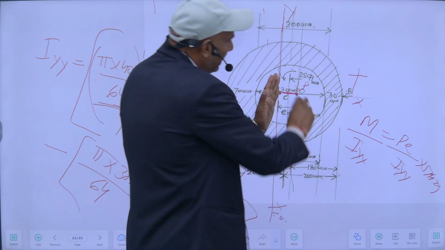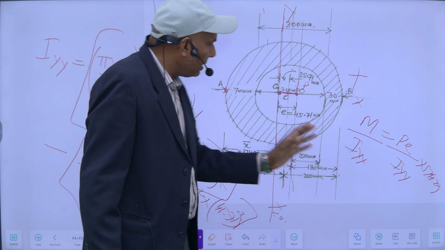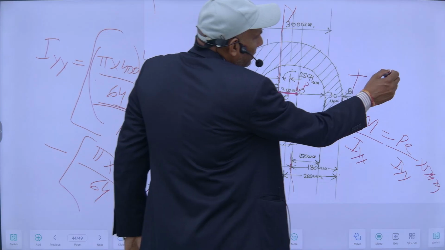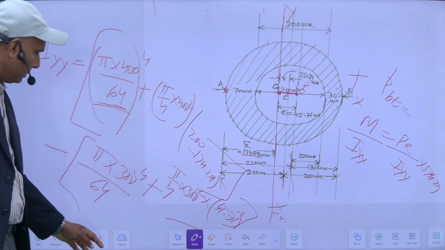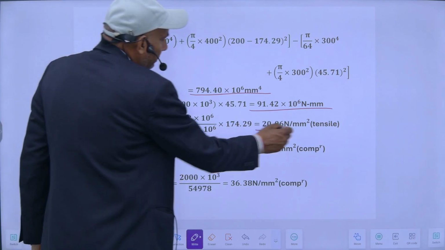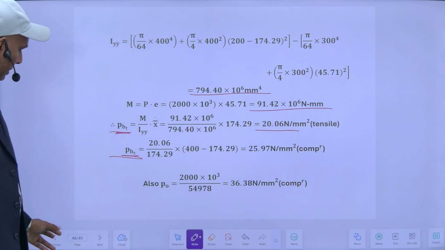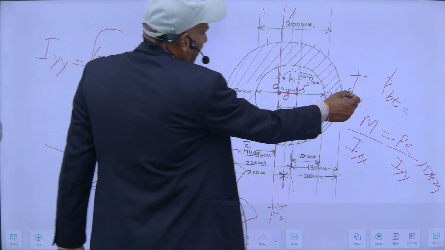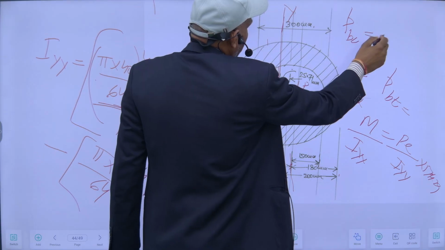Obviously here it will be compressive, negative here. So moment M upon I_YY into this 174.29 will give my bending tensile stresses, and this will be 20.06 Newton per mm square. It will be tensile here, and on this end it will be compressive, bending compression stress.